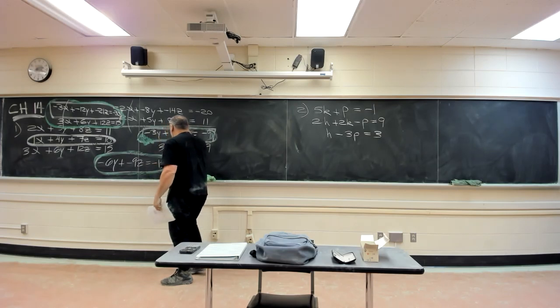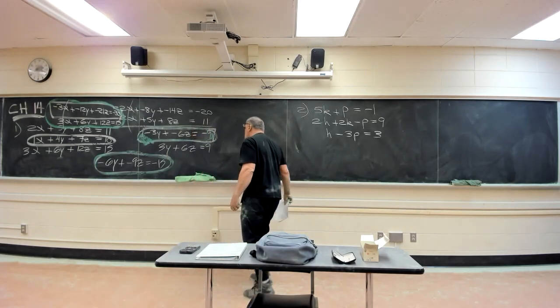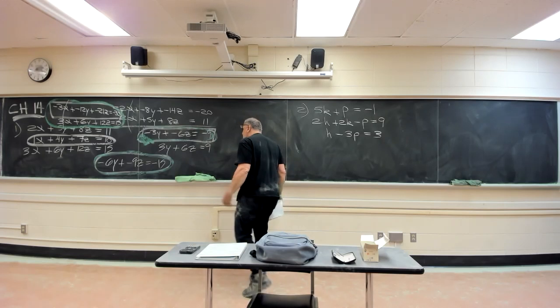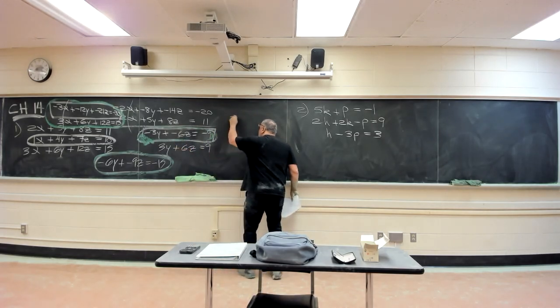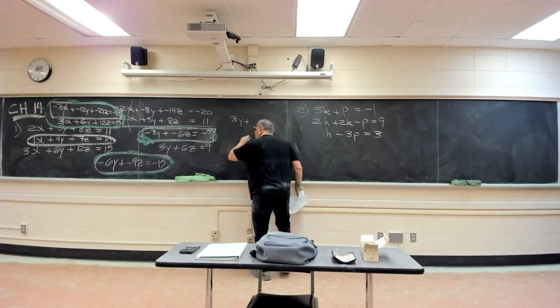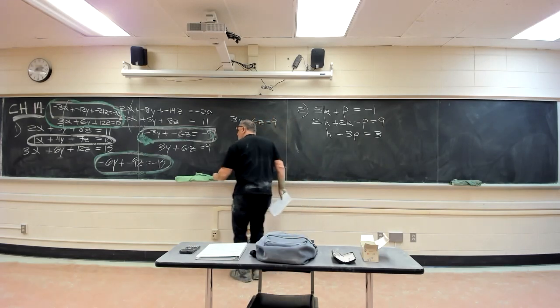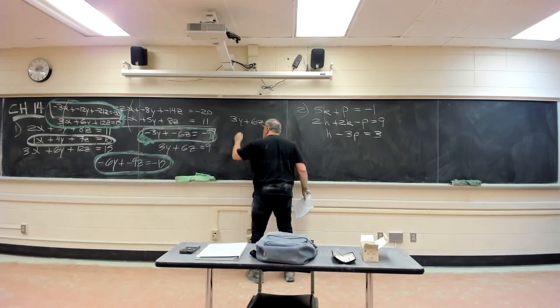Multiply by a -1 on each side of the other equation, and you get 3y plus 6z equals 9. A little easier to look at, I guess you could say. Let's do so. Let's multiply this one by -1 on each side, and you got this. Let's multiply this by -1 on each side of the equation.